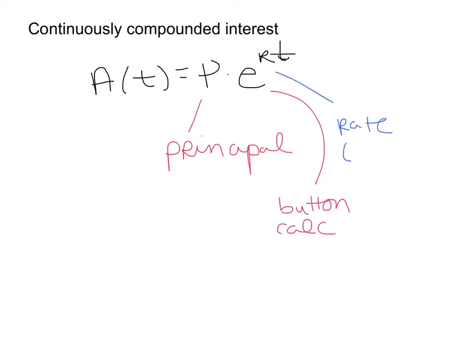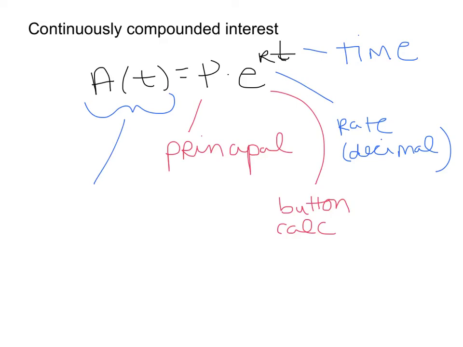Remember, it's the rate as a decimal. And t represents time. And A of t, of course, represents the amount after t time.